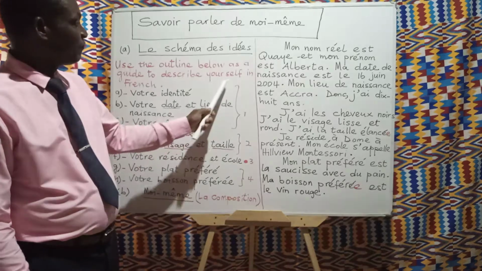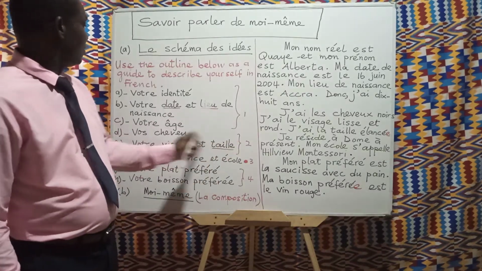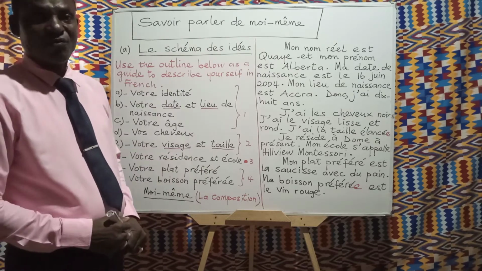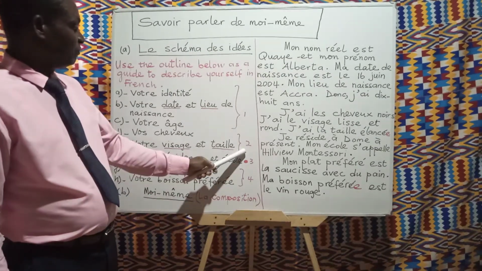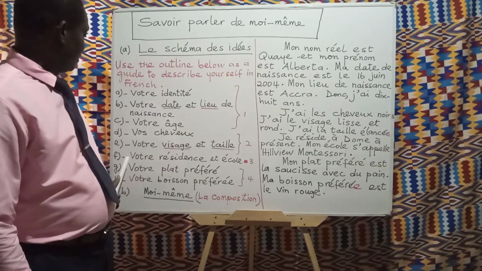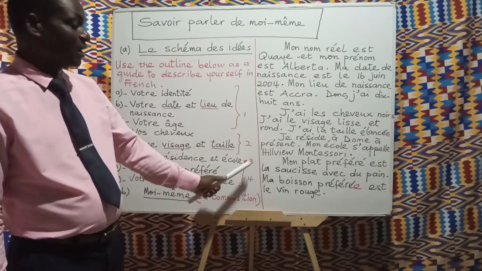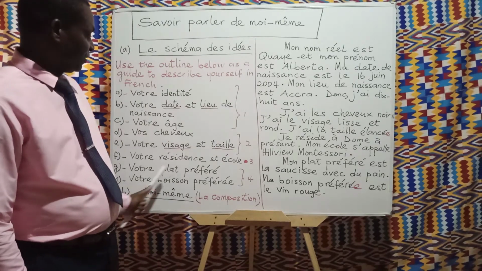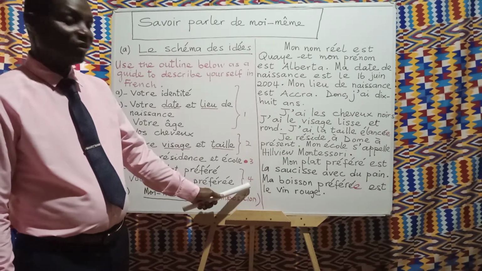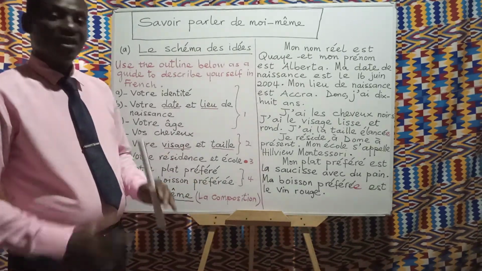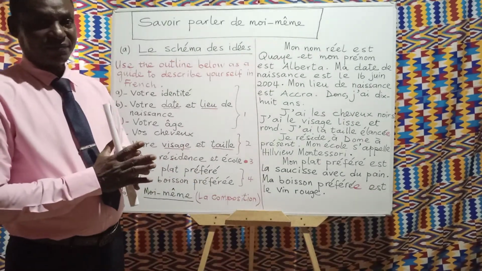So here I have my paragraph 1 from A to D. And then my paragraph 2 has to do with the E, and then the F is my paragraph 3. And then you come to G and the H, the two forming my 4th paragraph. So in this conversation, I have 4 paragraphs.